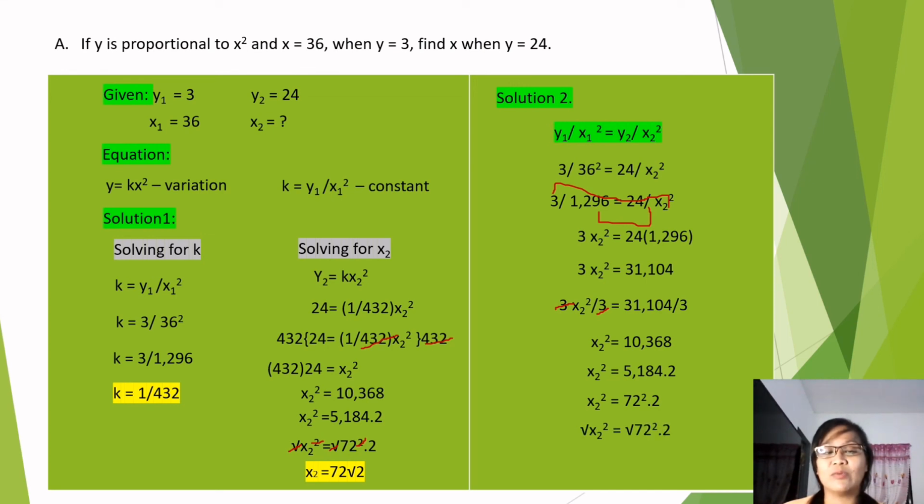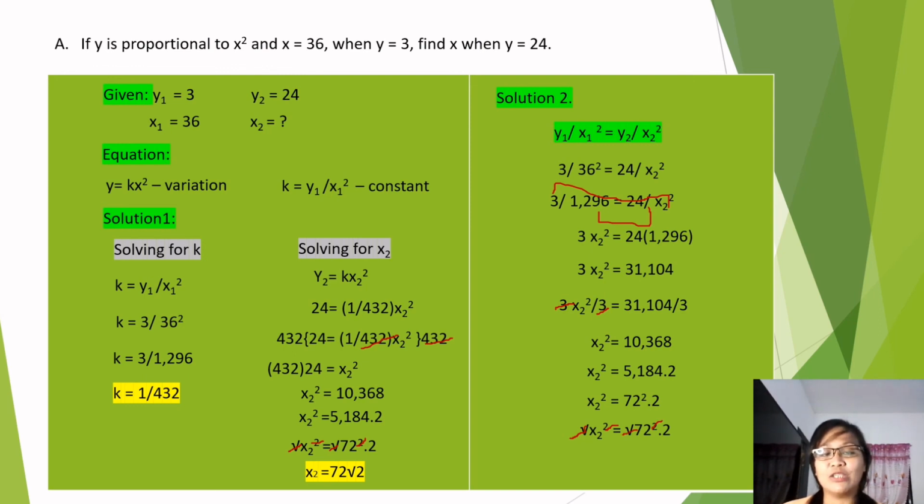So, we have now square root of x sub 2 squared and square root of 72 squared times 2. So, yung mga perfect squared, ika-cancel na natin.